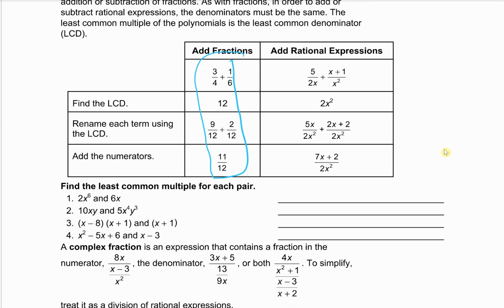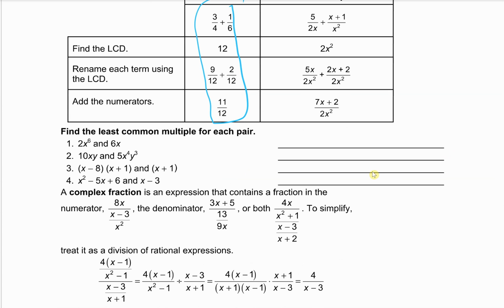The common denominator is going to be what they both have, so it's 2x squared, and that'd be how it's done. For example, if we're looking at the least common denominator in number 1 here, we got 2x to the 6th and 6x. So the common is going to be 6x to the 6th, because that's going to be what they have in common.